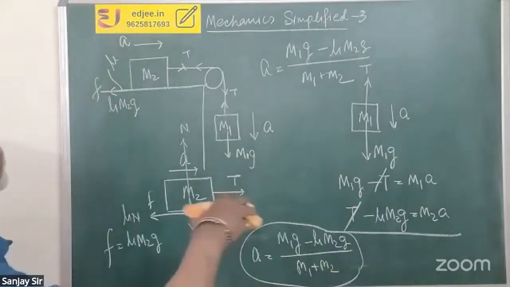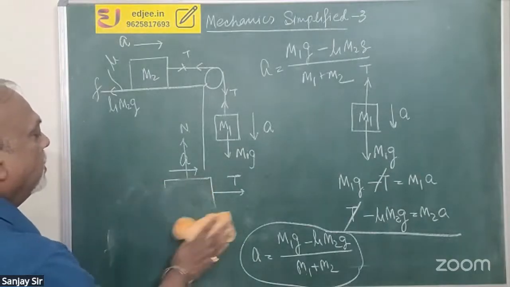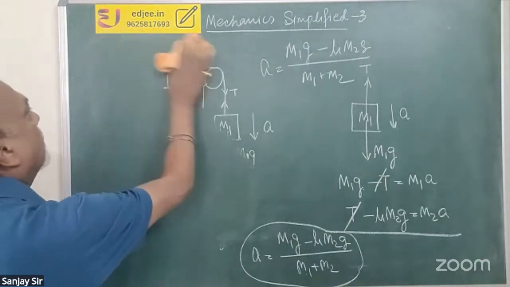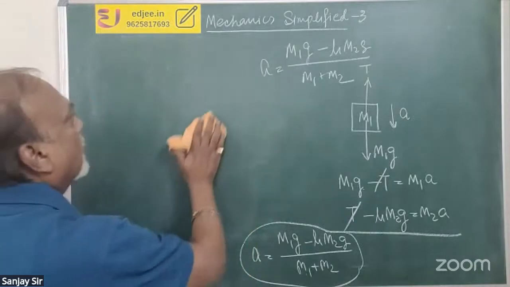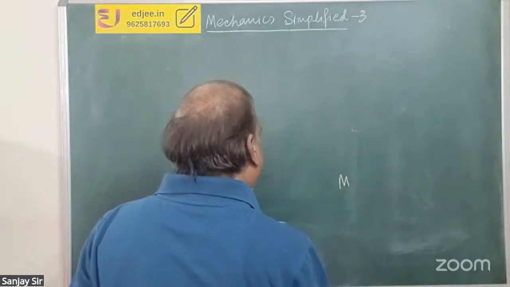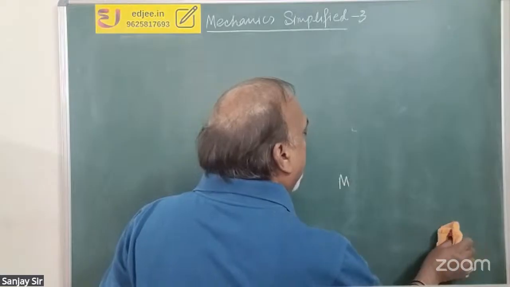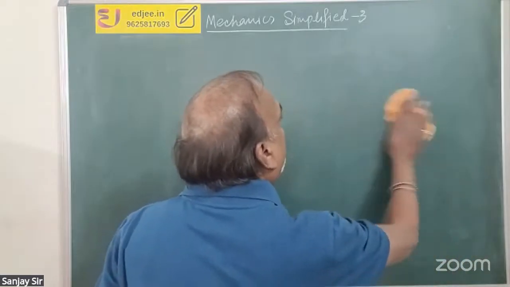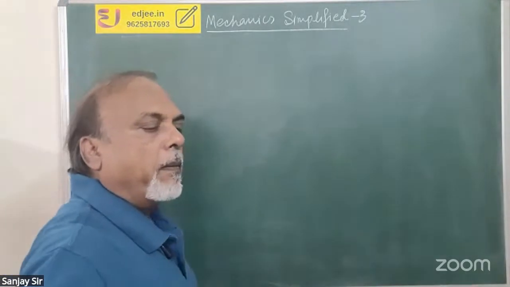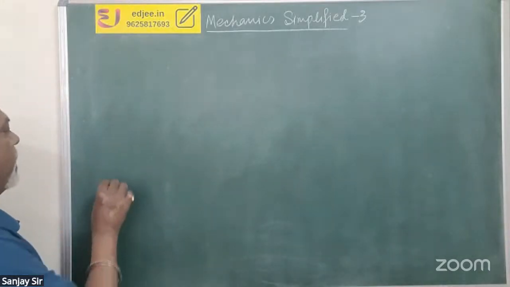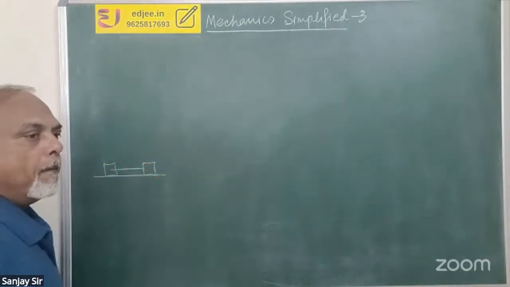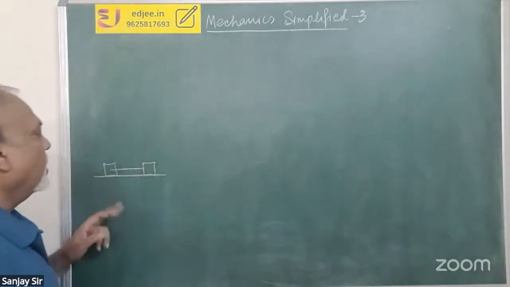Now, let us go to another string problem. So far, you have seen two blocks attached on a surface.